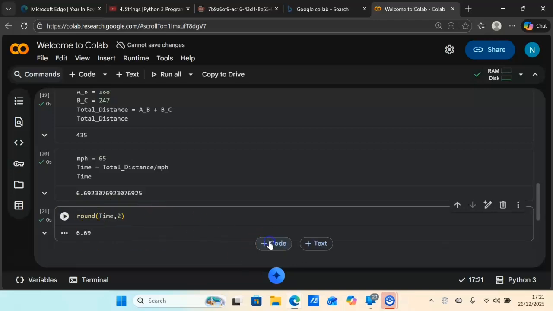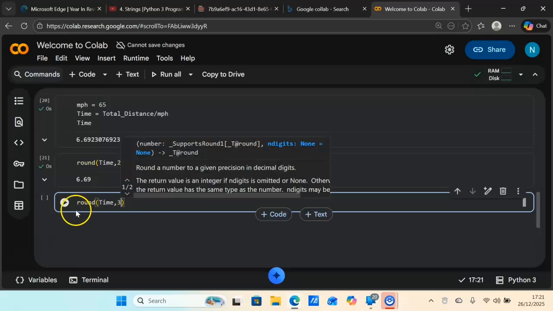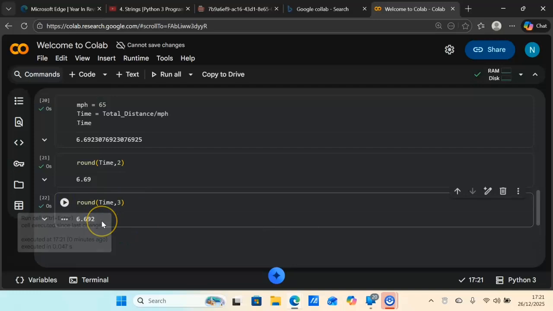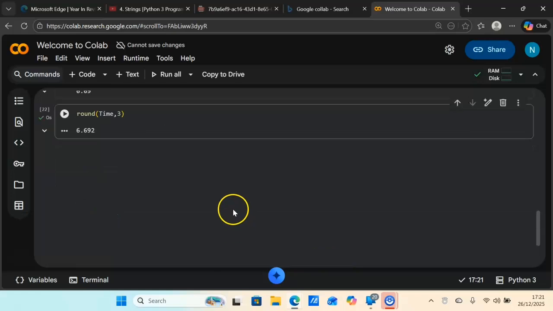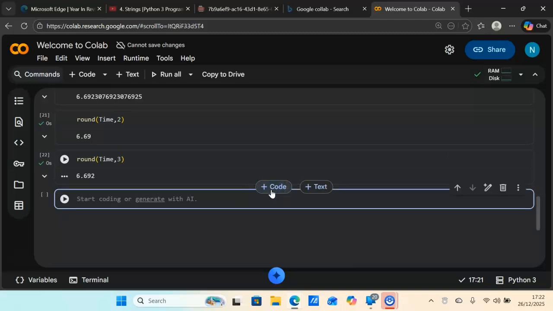Let's say you want to round it up to 3 decimal places, so we have round open bracket, time, 3 decimal places, you have it to 3 decimal places. When you solve this, you have 6.92 as your answer.